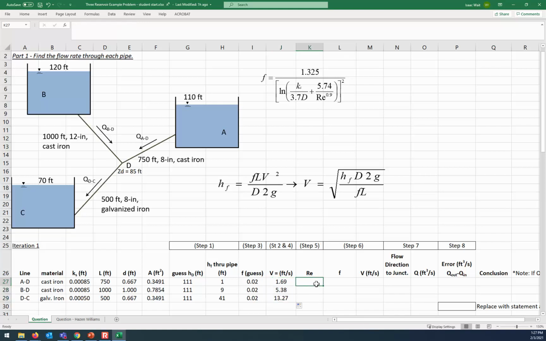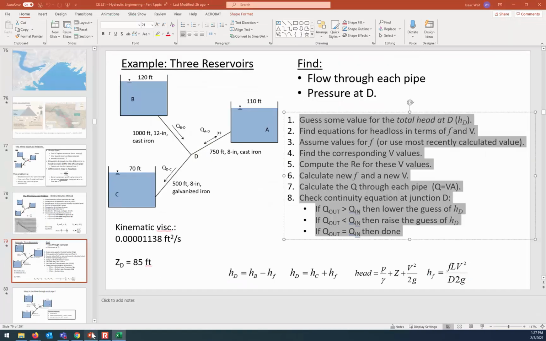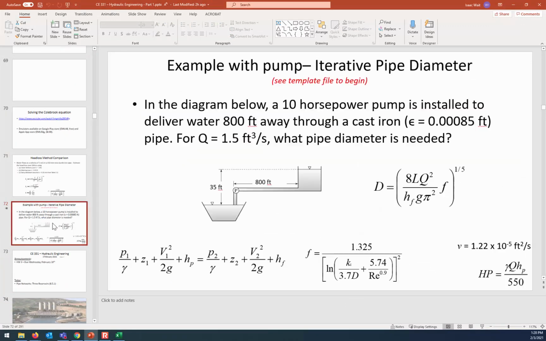Okay, now do you remember the Reynolds number equation? Do I have the kinematic viscosity of water on here anyplace? I don't. I think it's 1.1 times 10 to the minus fifth. Let's see, I know that we had that in the example from the other day. Here it is.